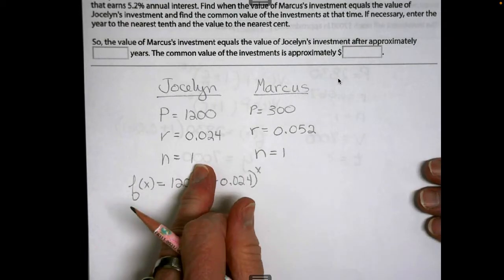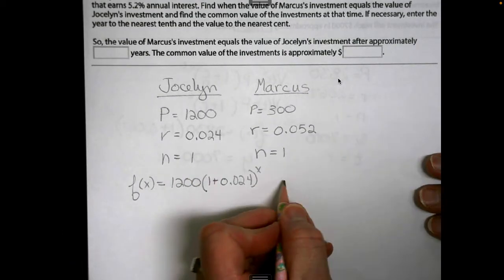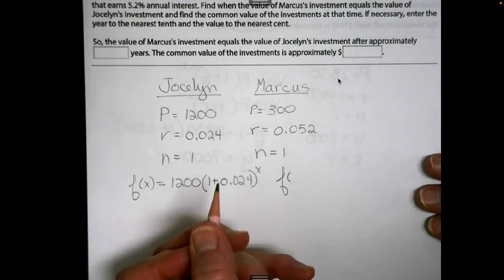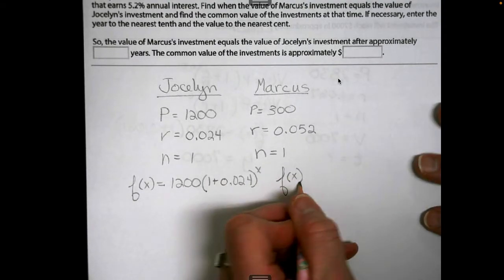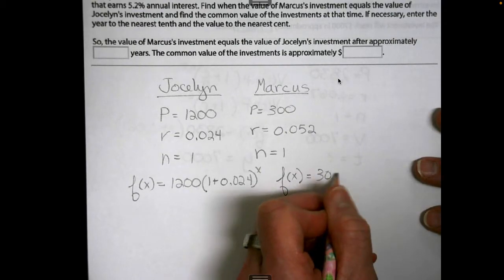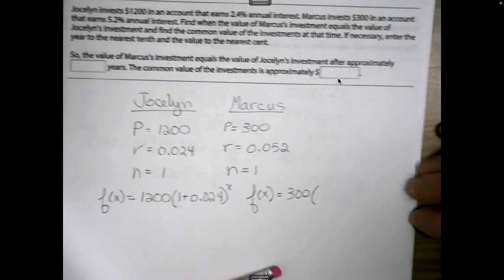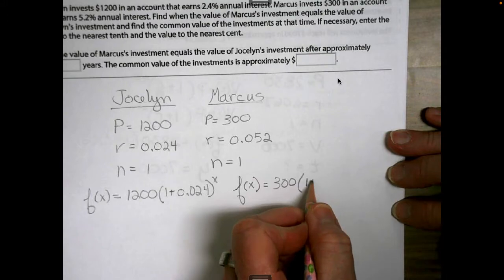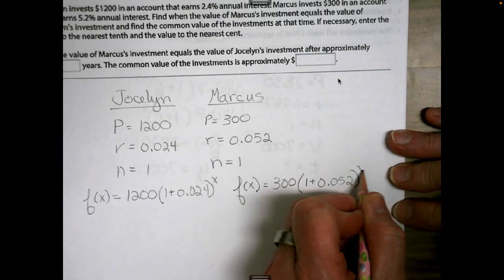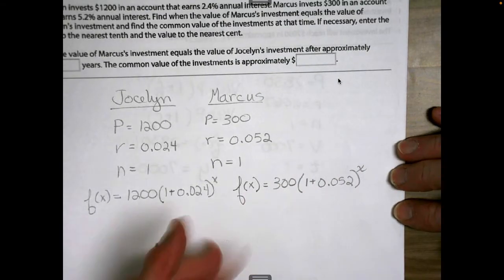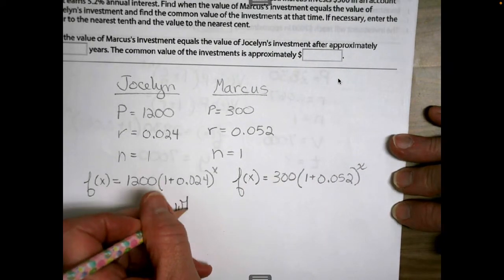We don't know how long she's investing it. Marcus's, and you can still call them all f of x, it just means a function, is 300 times 1 plus 0.052 to the x. I'm going to put those in decimals, and where do they intersect?